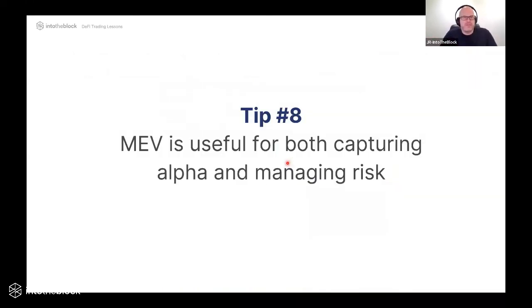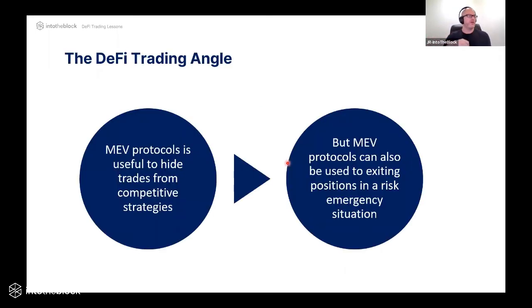Then another tip, another thing that we have recently played with. The concept of MEV, of miner extractable value, is typically seen as a source of alpha, right? As a way to hide the visibility of a specific trade, but it is also a very, very efficient risk management asset.